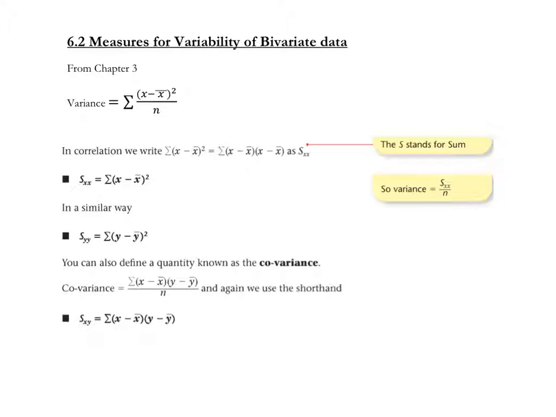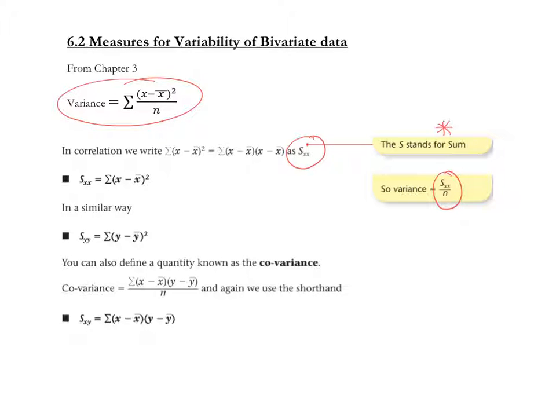So from chapter 3 we know all about variance, and the equation that we've used before has been this one. And in correlation, we use S with a subscript of XX, and it stands for the sum. And so the variance is just your SXX divided by n, and similarly that's what you do with SYY.